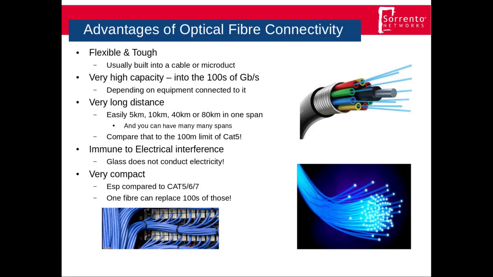And because it's so compact, one fibre can replace many cables such as RJ45 Cat5 cables or coax. So the density is far improved compared to copper, and that can provide considerable advantages with regards to duct congestion or riser congestion in buildings.